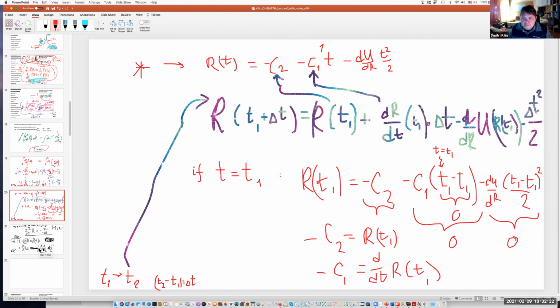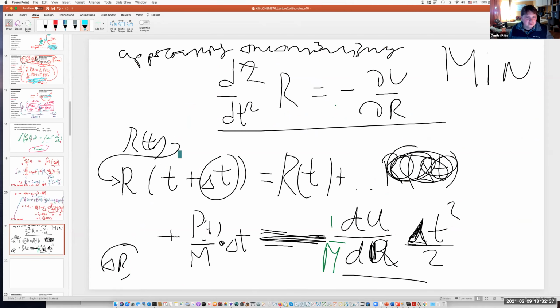So how do I interpret it? It is the same equation. If I know the position at time, let's use the same indices, time 1, then the position at a time which is incremented, moved forward compared to time 1, will be the value of position at the previous time step plus velocity times increment of time.